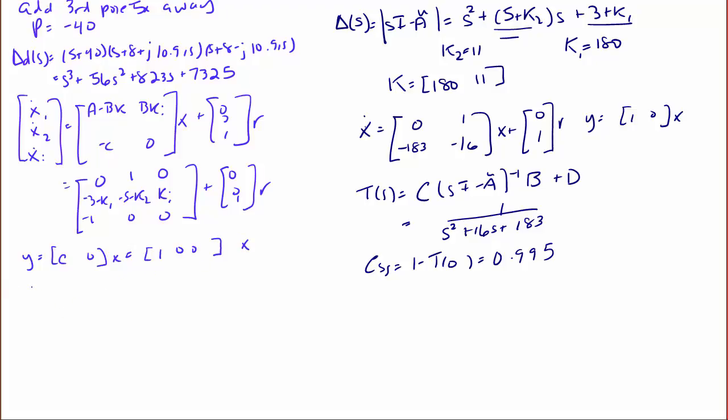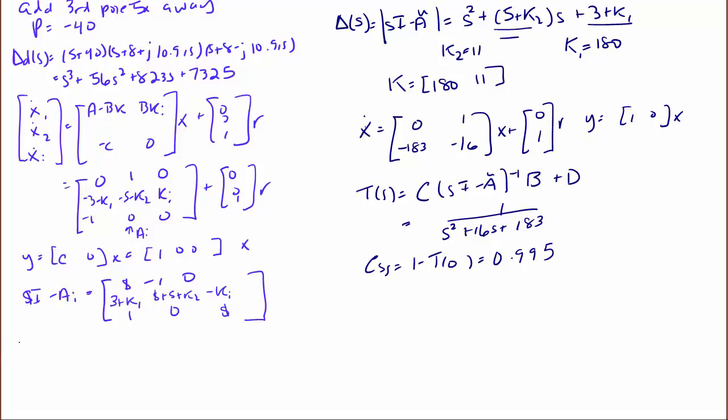So next we find sI minus A_I, where this matrix here is A_I. So that equals [s, -1, 0; 3 + K1, s + 5 + K2, -K_I; and the last row is 1, 0, s].